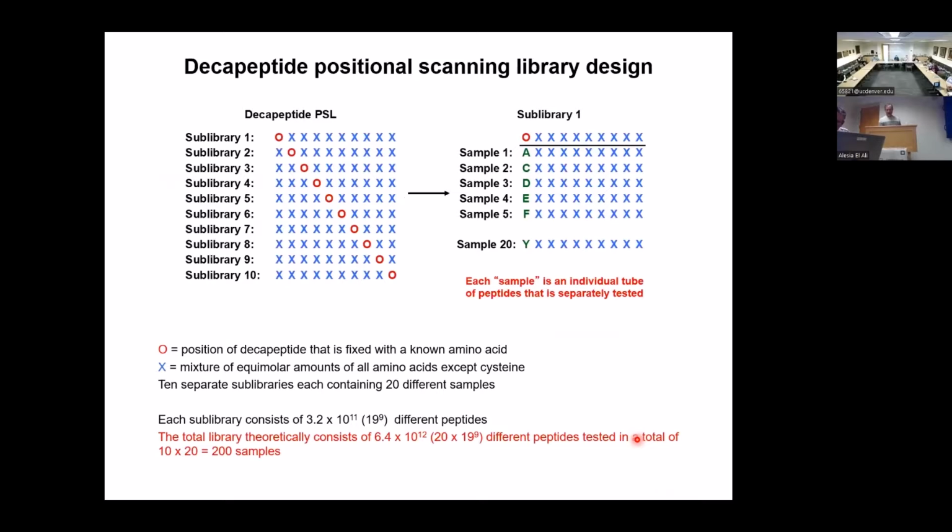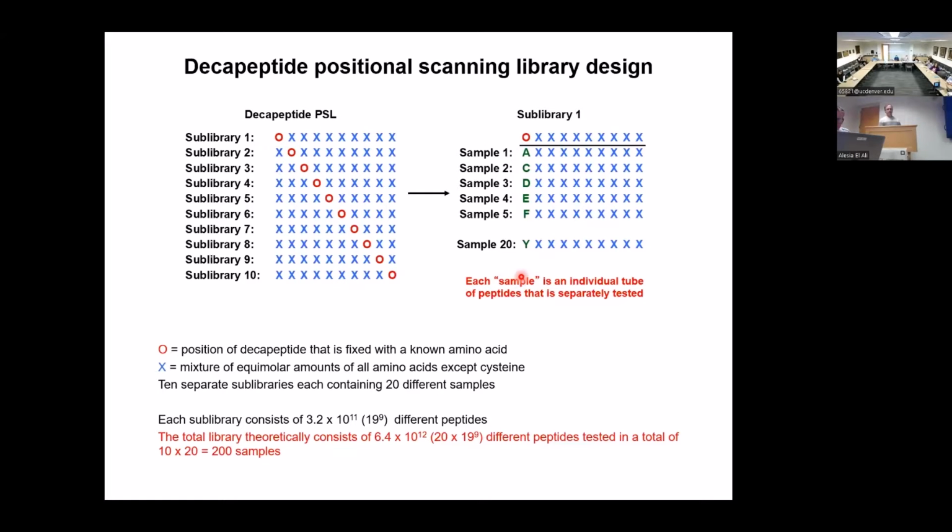I'm probably going to run out of time fast, so I'm not going to really explain the libraries too much, except to say that because there are 10 positions in the decapeptide and there are 20 amino acids, we end up with 200 mixtures. For example, in sublibrary 1, we focus on position 1 of the peptide and we fix it with each of the 20 amino acids, but in separate samples or mixtures.